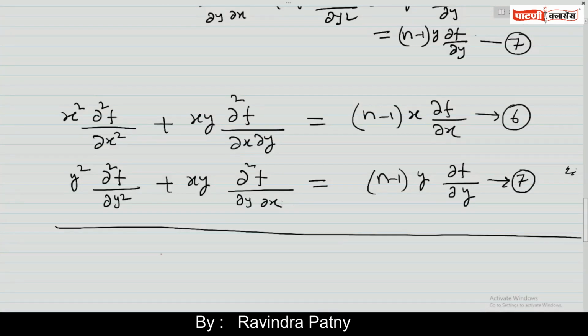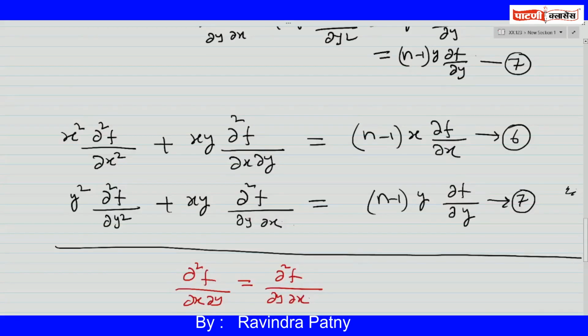Since the first and second partial derivatives are continuous, therefore ∂²f/∂x∂y is equal to ∂²f/∂y∂x. Therefore, in equation 7, I am going to change y to x and x to y.